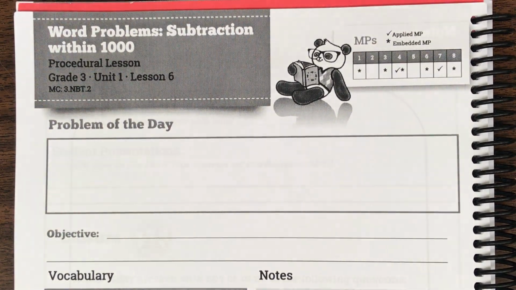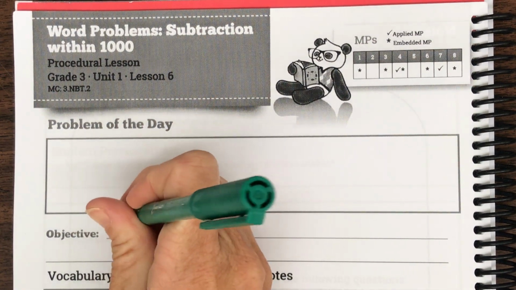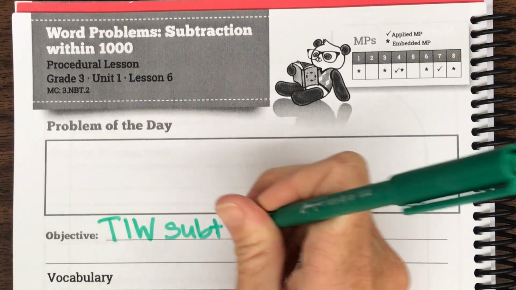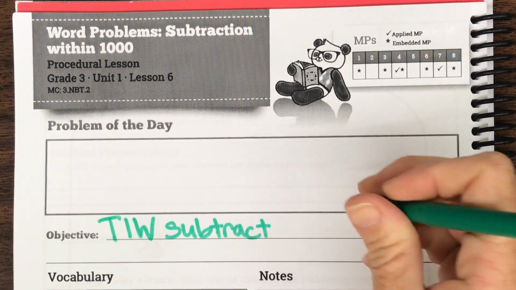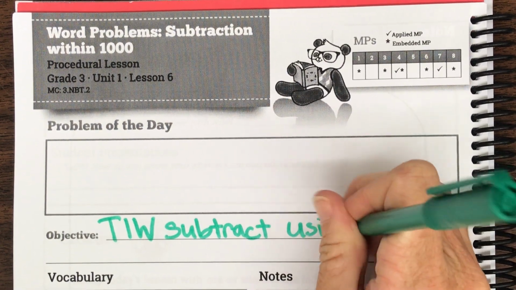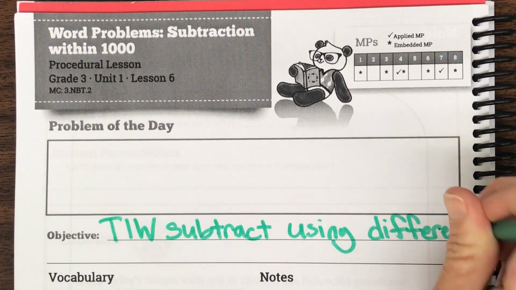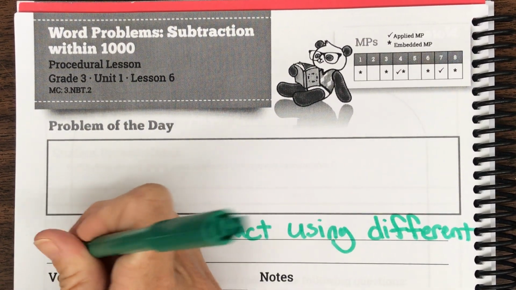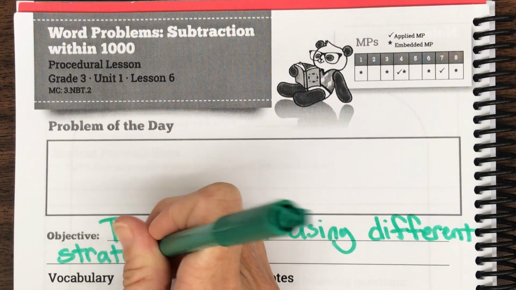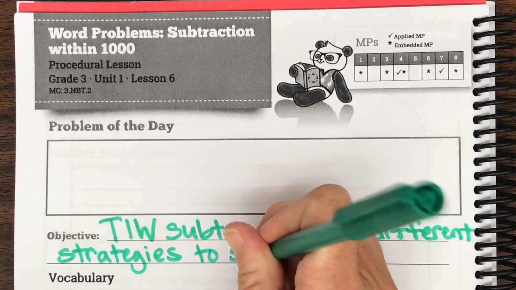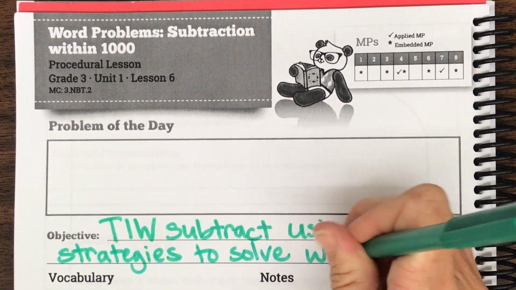Today we are on page 35 of your student journal, and our objective for the day is: today I will subtract using different strategies to solve word problems.